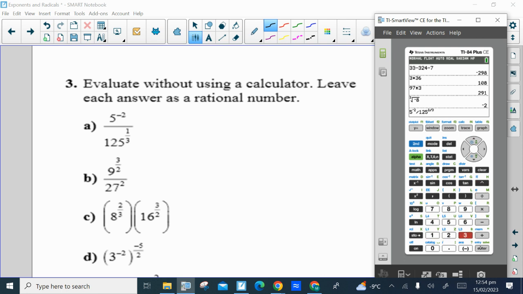You can put this in your calculator, and your calculator will spit out an answer, 0.08. And on my calculator, I can turn that to a fraction by going math, enter, enter, 1 over 125. So that's what the answer is. But you need to know how to do this by showing your work. But you can definitely use a calculator to check.